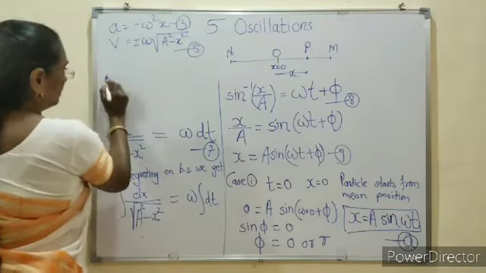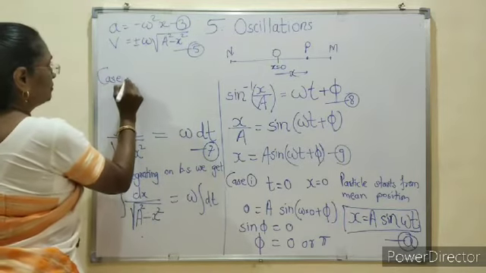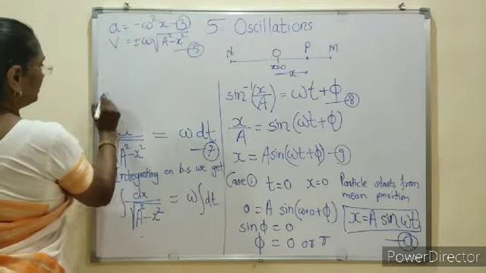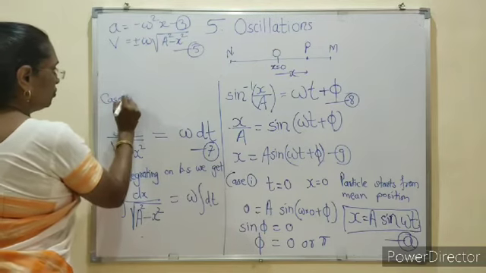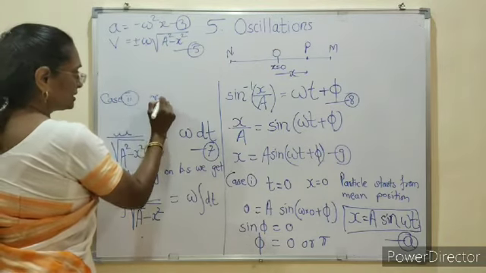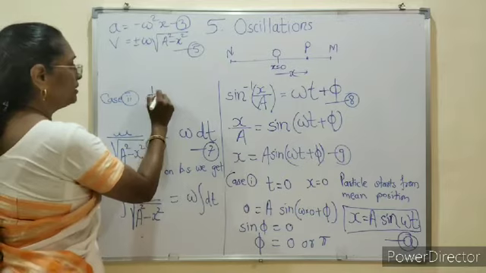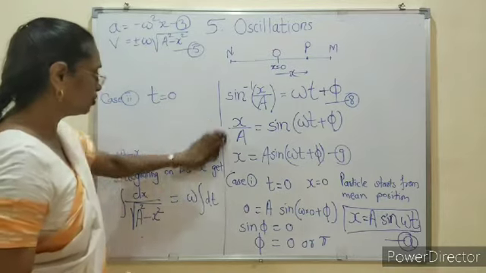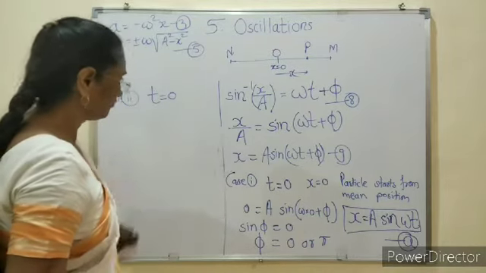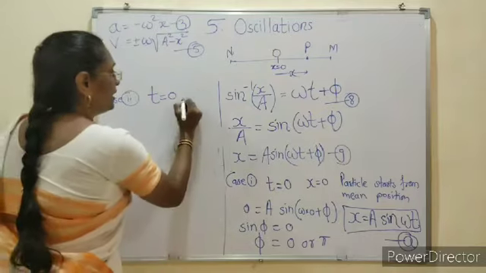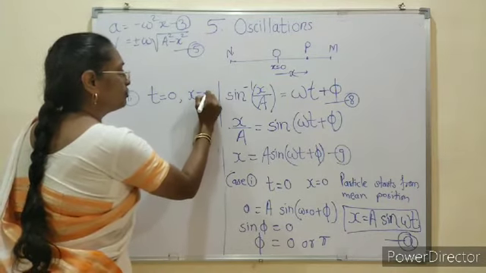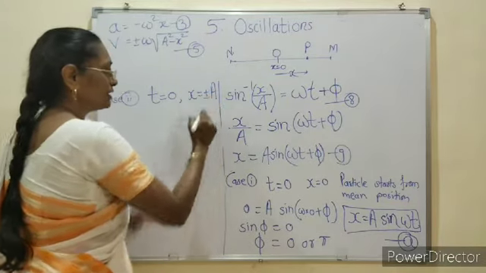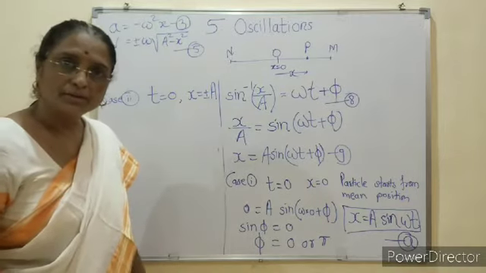For the displacement we write here case 2. When we start observing, meaning time instant is 0, x is equal to plus a or x is equal to minus a.